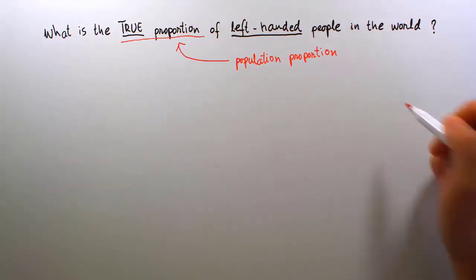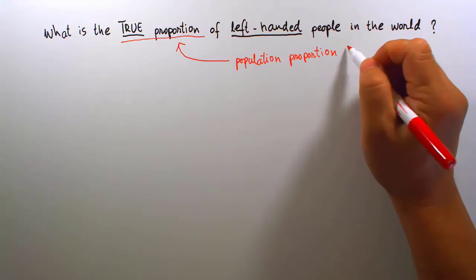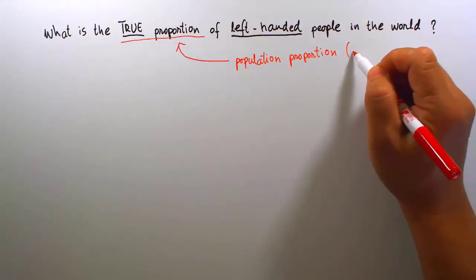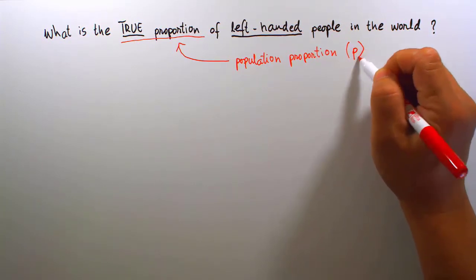That's the intended answer for this question. And as a reminder, the population proportion is now agreed to have the symbol lowercase letter p.